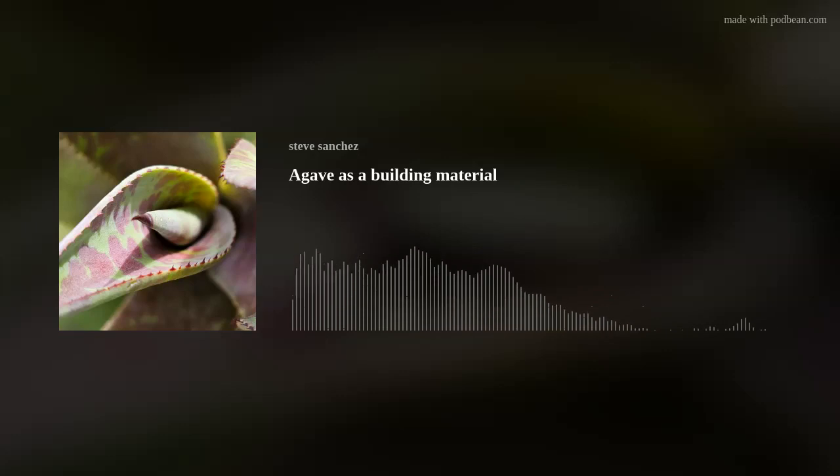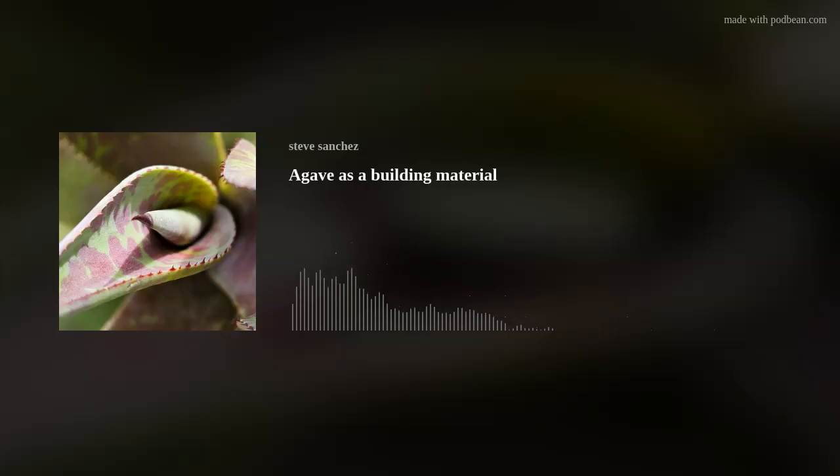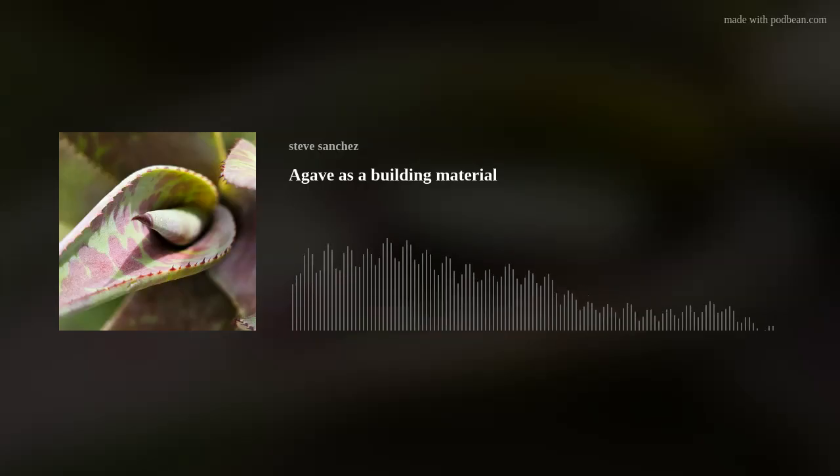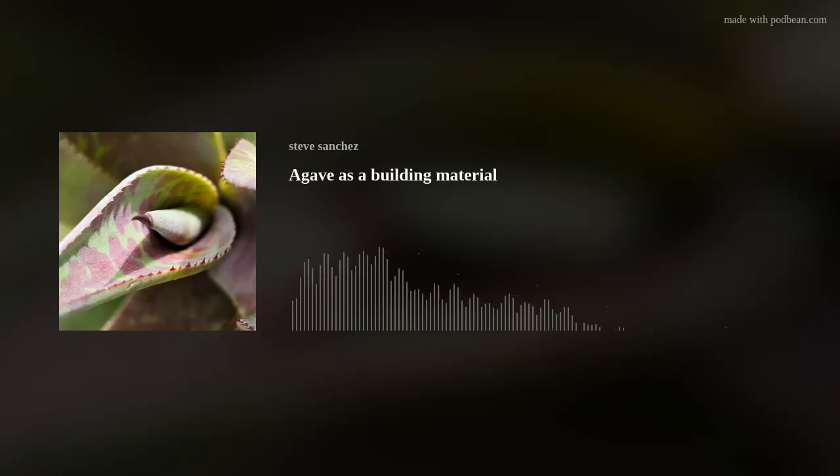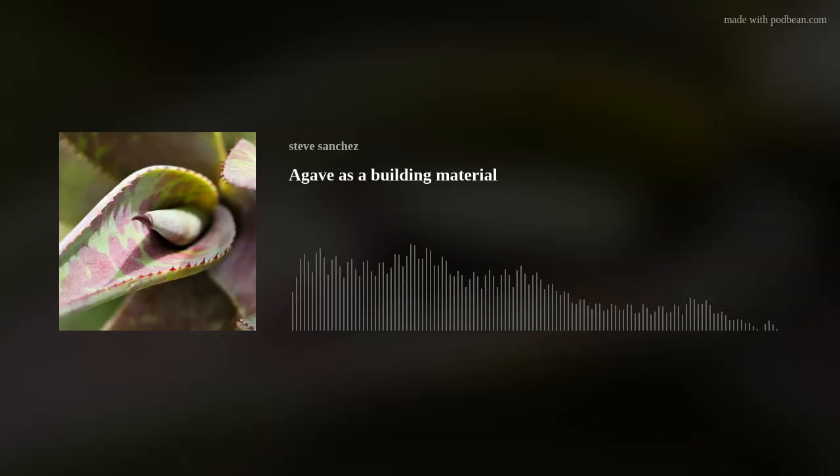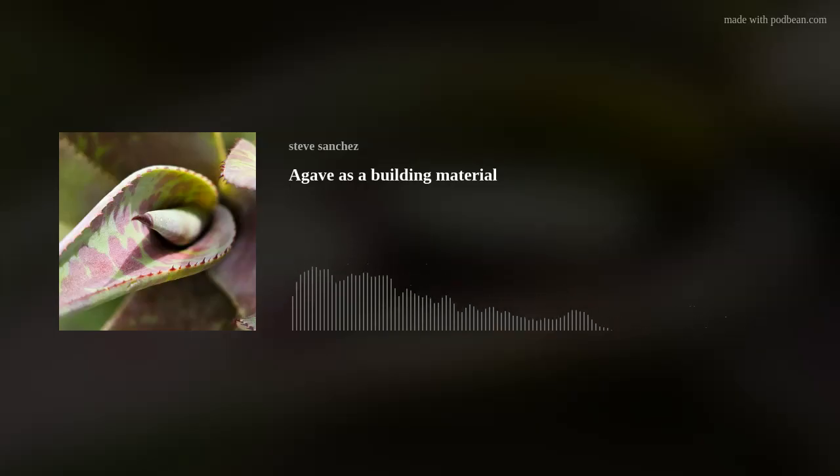And agave can replace some of these materials. If you have all these posts going into, say, a 3 feet by 3 feet column of concrete, a lot of that concrete most of the time doesn't have very much rebar, or it doesn't have reinforcement.